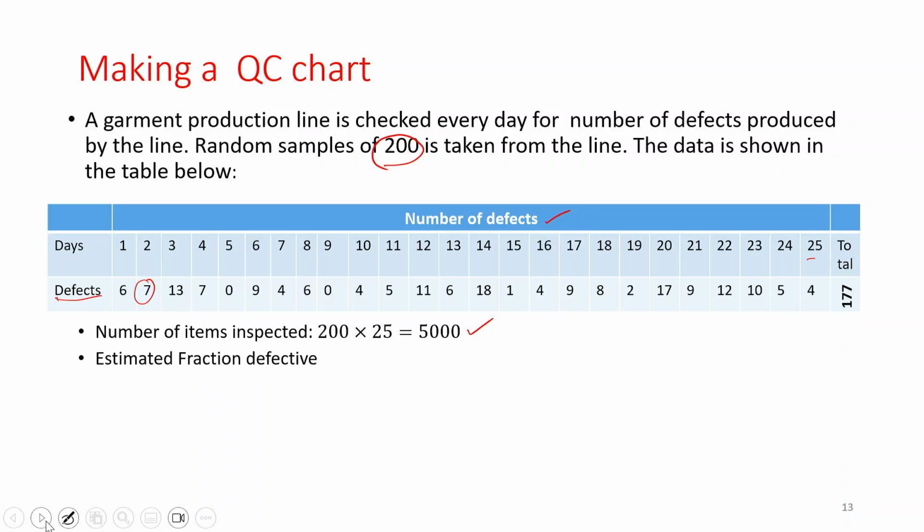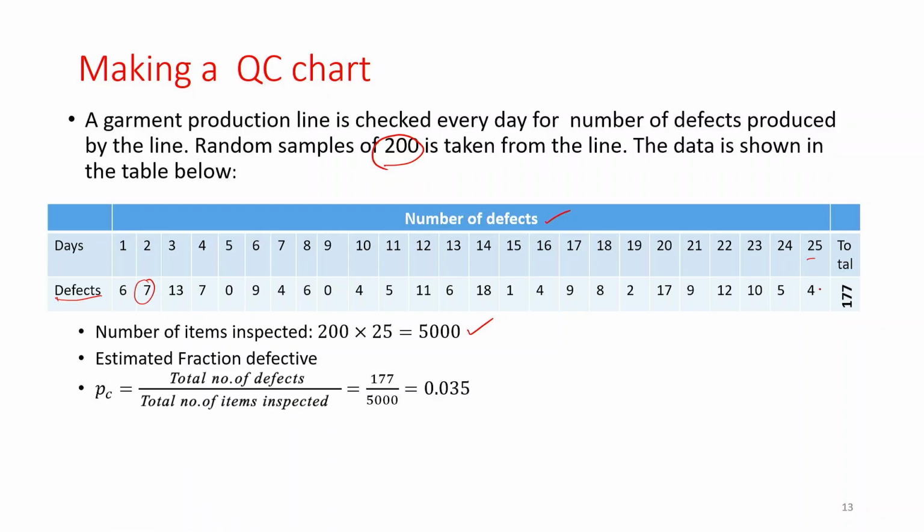So the estimated fraction defective is going to be how much? What is the total number of defective items? That is 177. So 177 divided by 5,000 is 0.035, the proportion defective on average.